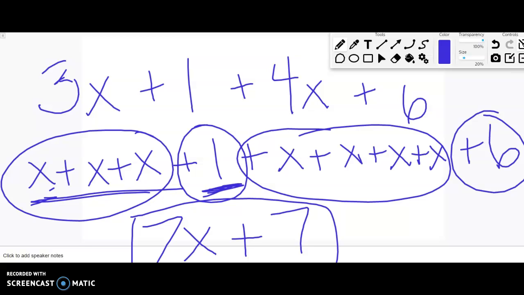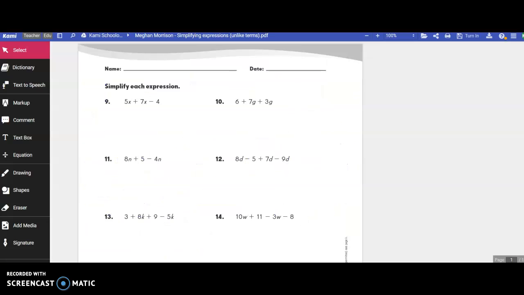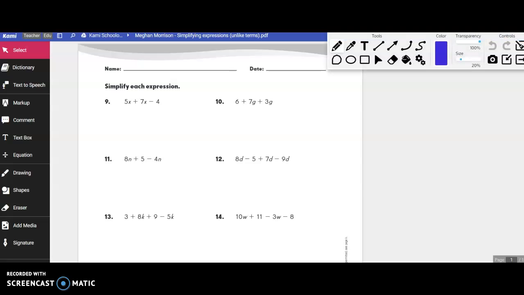Let's take a look at some of the ones you'll do on your worksheet. So, if I have 5x plus 7x minus 4, I can combine the x's, 5x plus 7x, so I get 12x. This minus 4 has nobody to go with, so it just stays all by itself, minus 4.